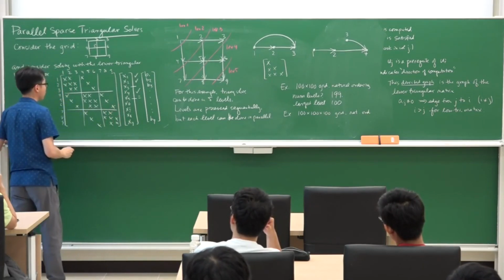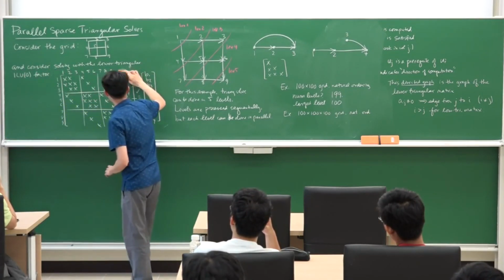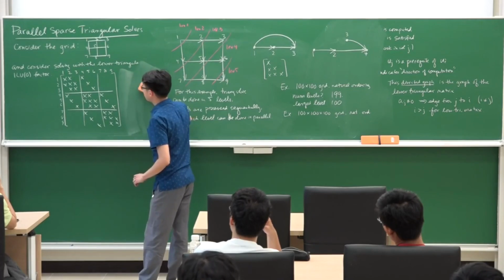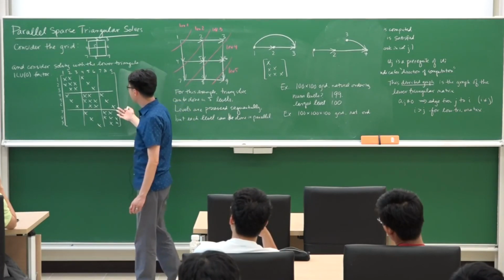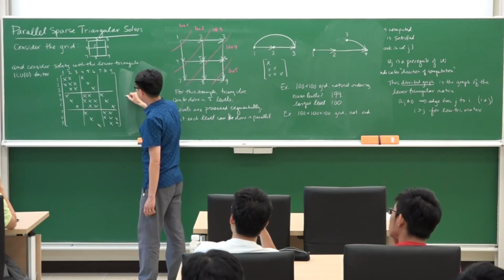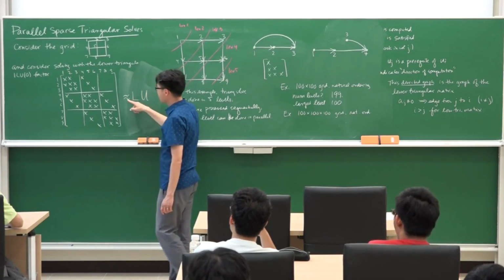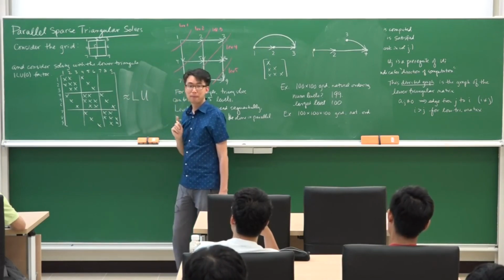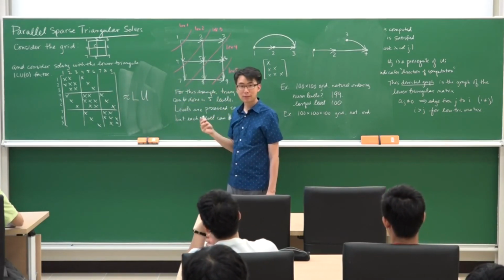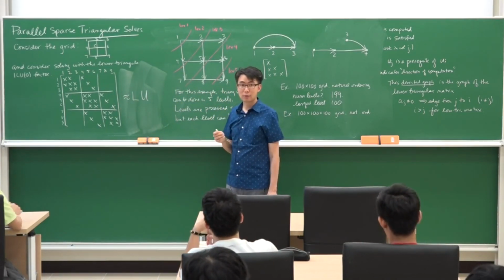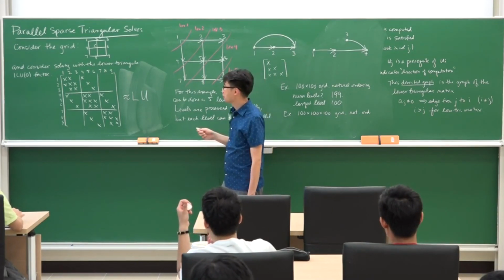And now it's no longer a solve, so I'm going to get rid of this. We want to compute the L and U factors that are approximately equal to this matrix. Let's say we're going to do the zero fill incomplete factorization. So how do we do this?